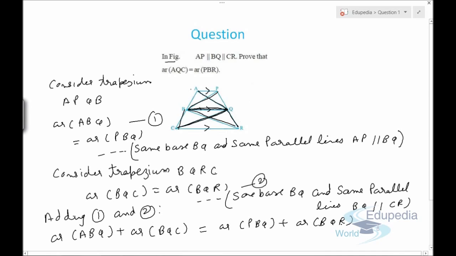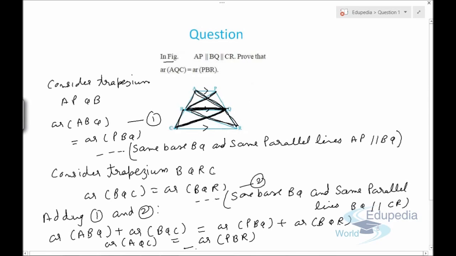Now area of ABQ plus area of BQC comes out to be area of AQC, which equals area of PBQ plus area of BQR, which is equal to area of PBR.